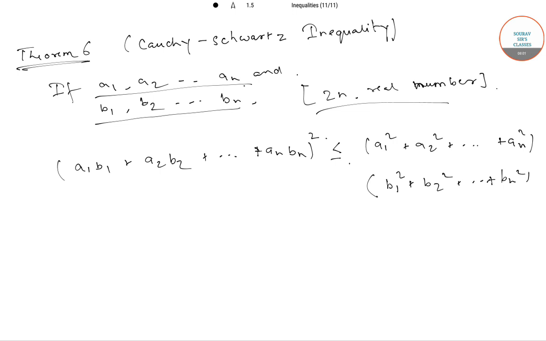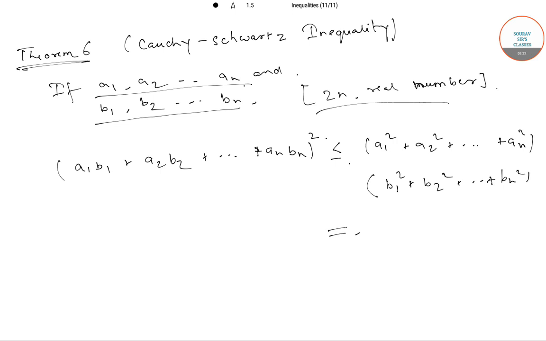Now here an equality sign would hold, that is (a1 b1 plus a2 b2 plus so on till an bn) whole square would be equal to (a1 square plus a2 square plus so on till an square) whole multiplied by (b1 square plus b2 square plus so on till bn square).